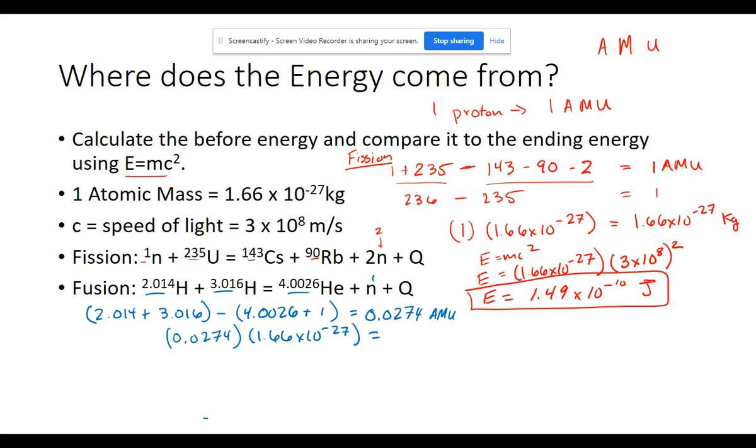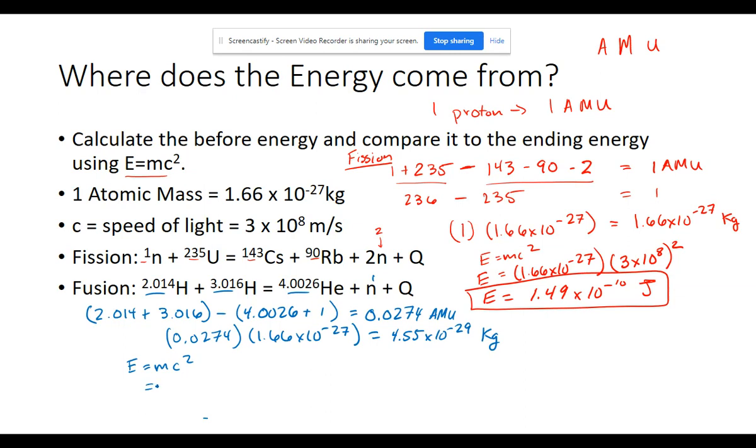And so that's going to get us, let's see here, 4.55 times by 10 to the negative 29 kilograms. Okay, so now we can take that, plug that into the E equals mc squared equation to see how much energy that ends up being.